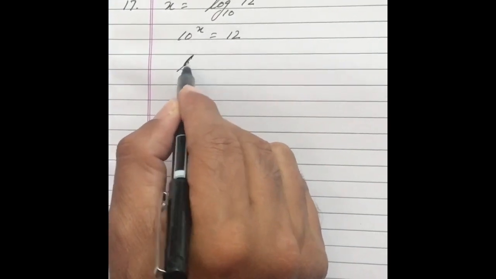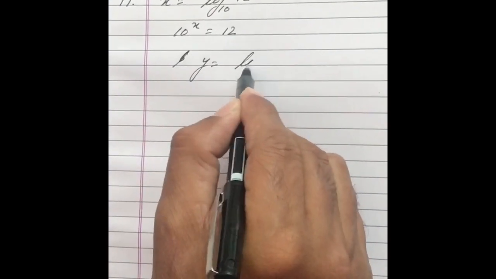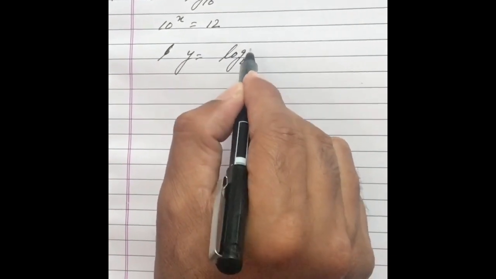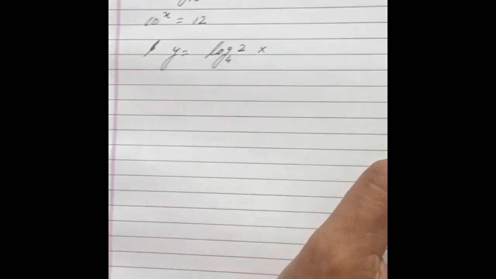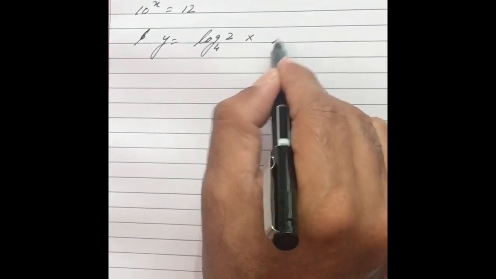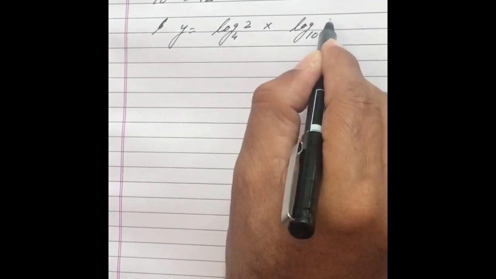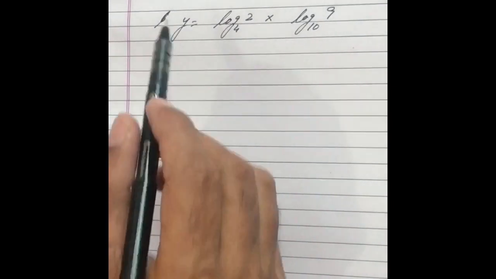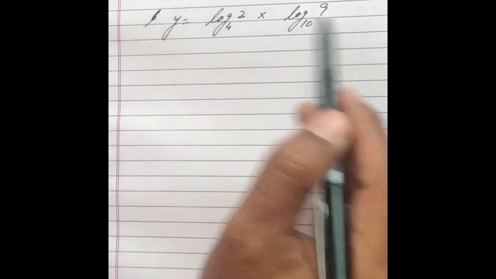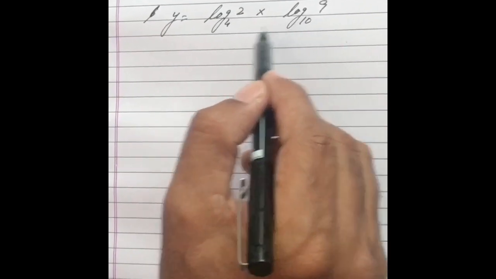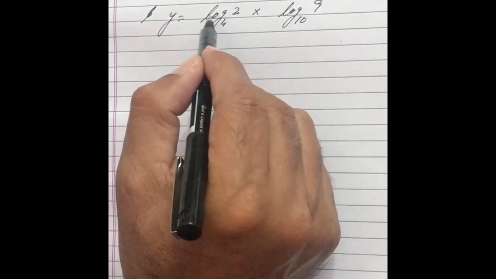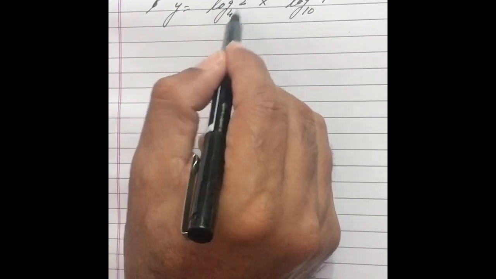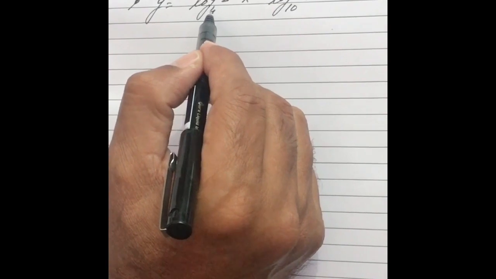Y is log to the base 4 of 2 into log to the base 10 of 9. Now here log to the base 10 is there, log to the base 10 is there. Here he has written log to the base 4. So all the bases are not the same.